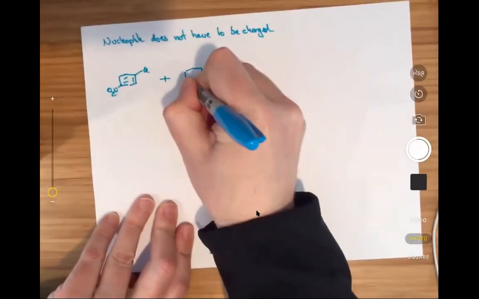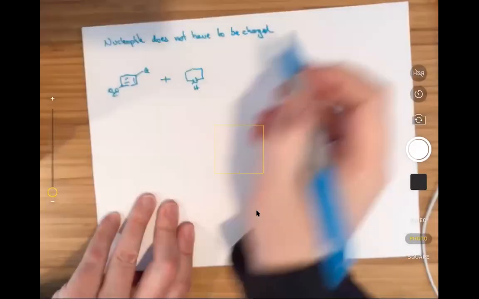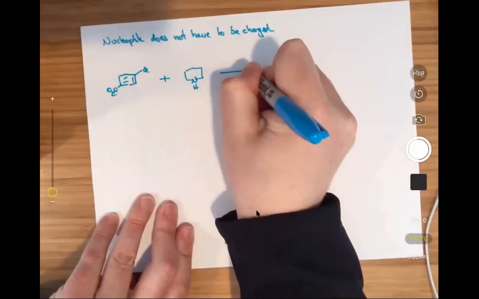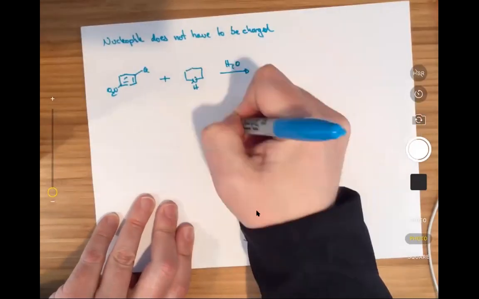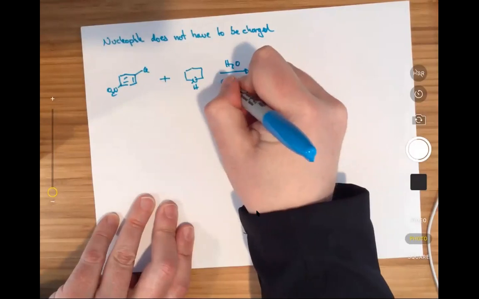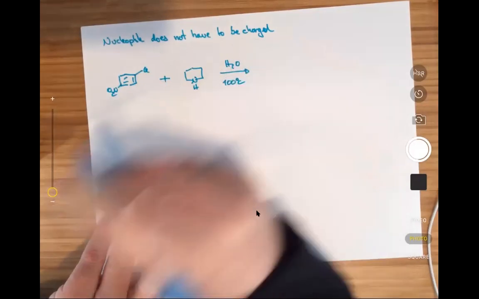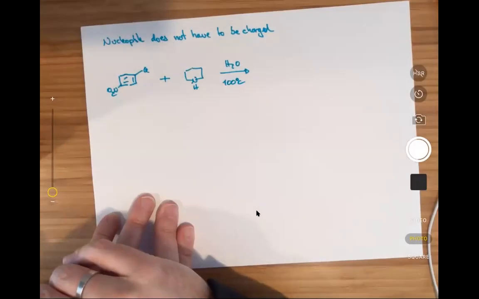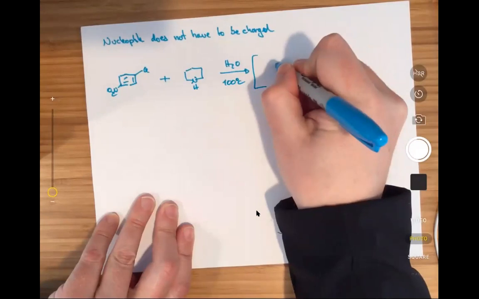Let's just pick something cyclic here to make it more interesting. Under fairly mild reaction conditions, so you can do this in water, and you have to heat it a little bit. Let's say about 100 degrees Celsius or something like that. You can get to the intermediate.